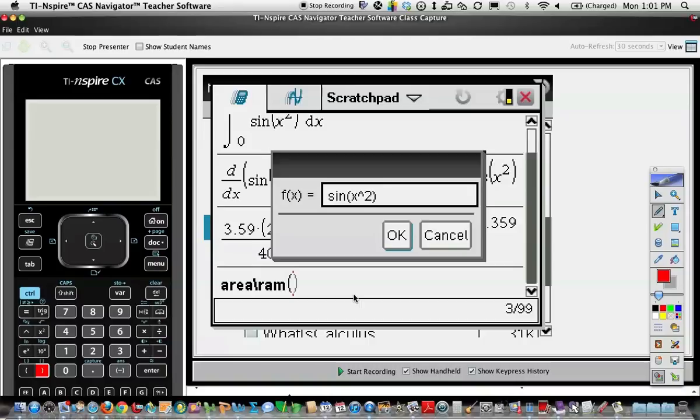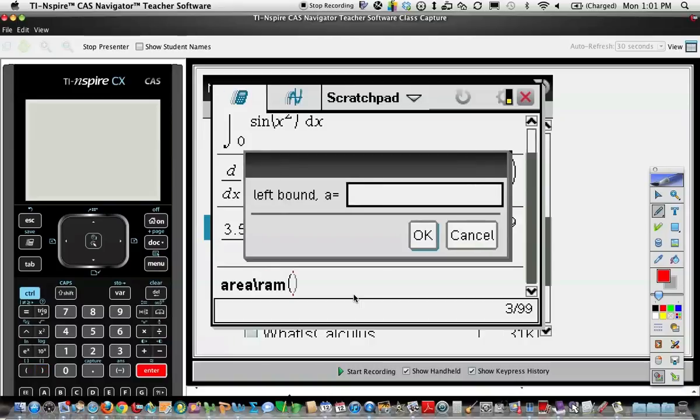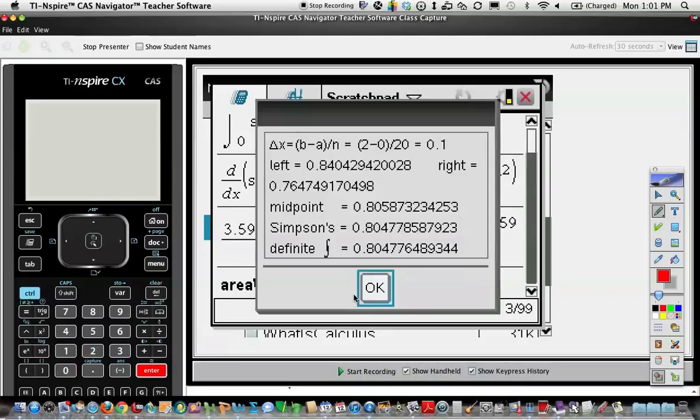We're doing an L20 here, from 0 to 2, and we're going to do 20 subintervals. And so our L20 is 0.84043 or whatever. So that's 20 lefts.